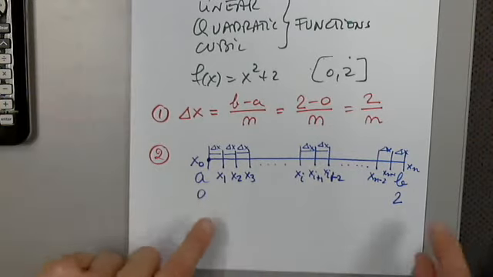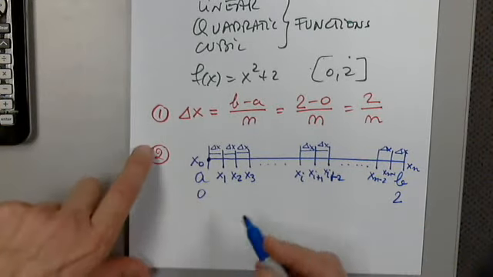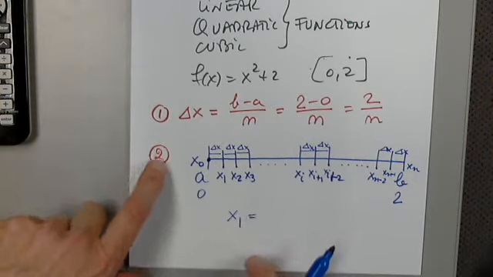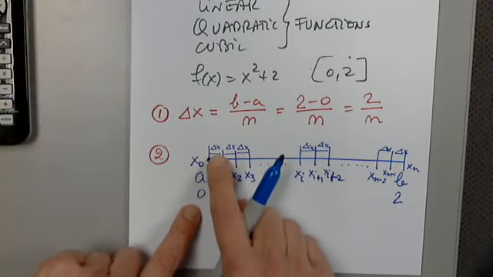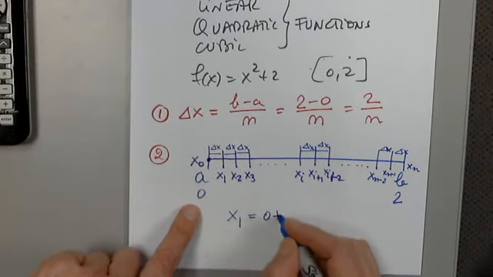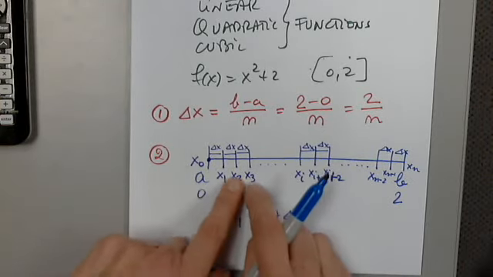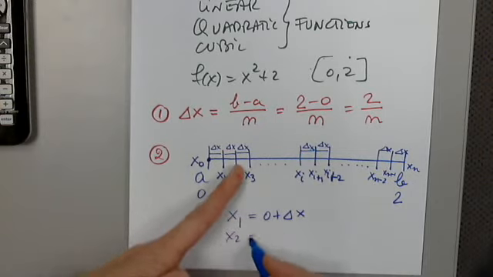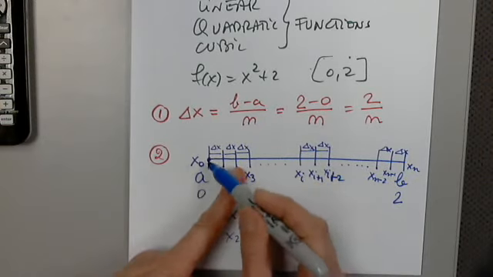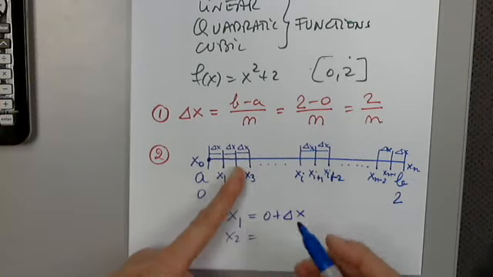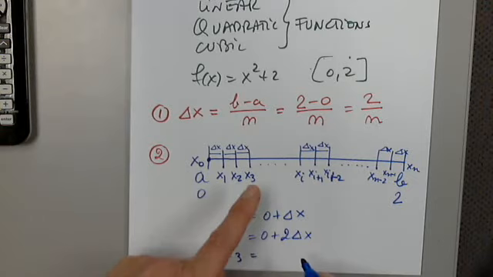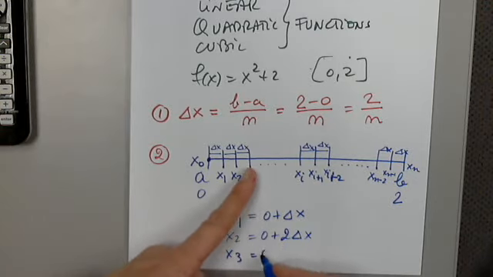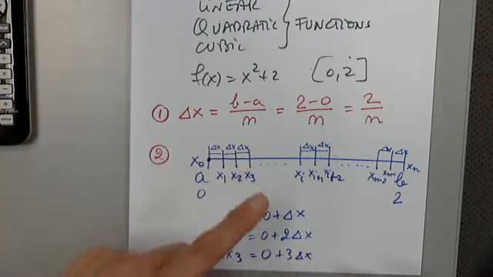Now, knowing that this is 0 and this is 2, what will you say? How much is x1? 0 plus 1 delta x. What about x2? x2 is 0 plus 2 delta x, very good. What about x3? 0 plus 3 delta x.